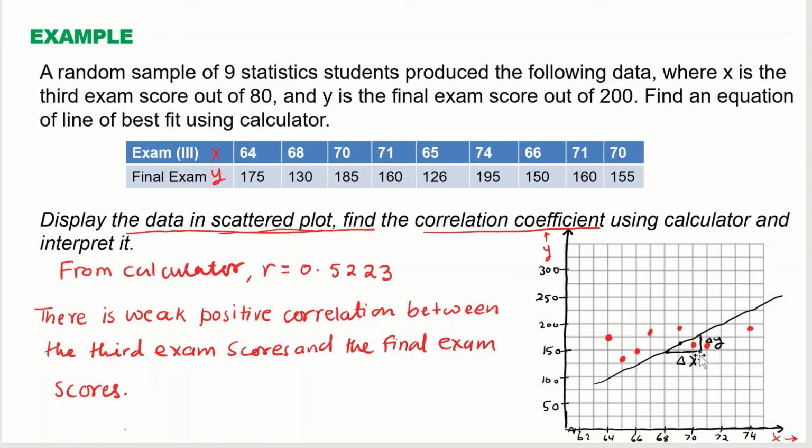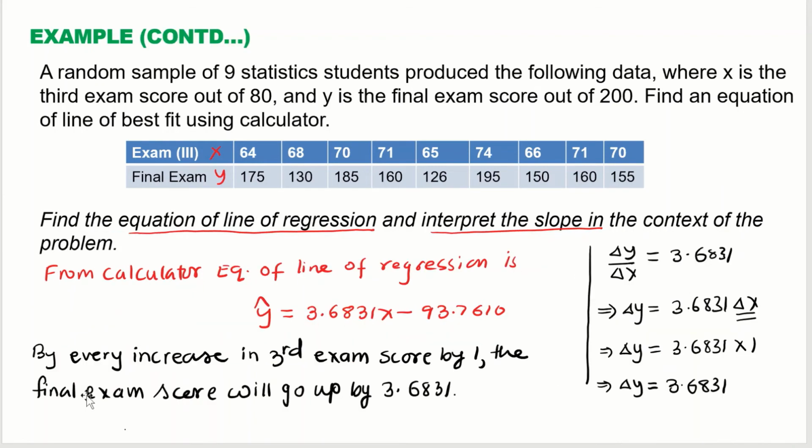When x is increased by 1, delta y will increase by 3.6831. That is the meaning of the slope. That is the second part in our example.